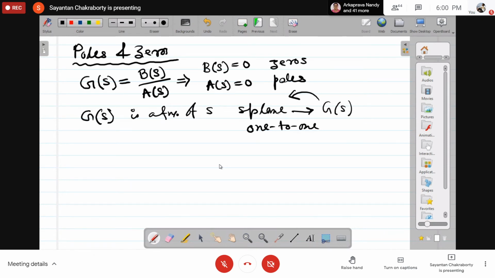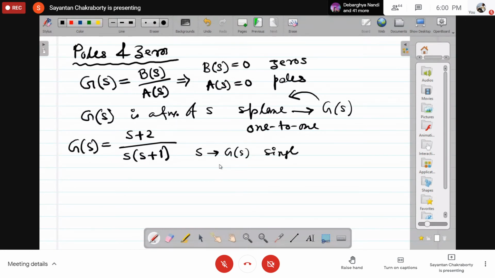In some situations, mapping from the G(s) plane to the s plane is not valid, because suppose you have this. For each value of s, we'll have a unique value of G(s). So s to G(s) is single valued.